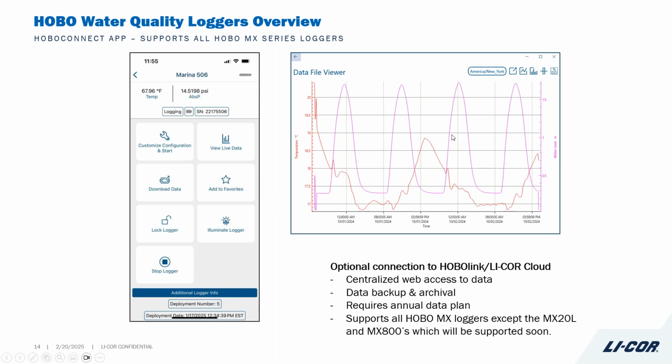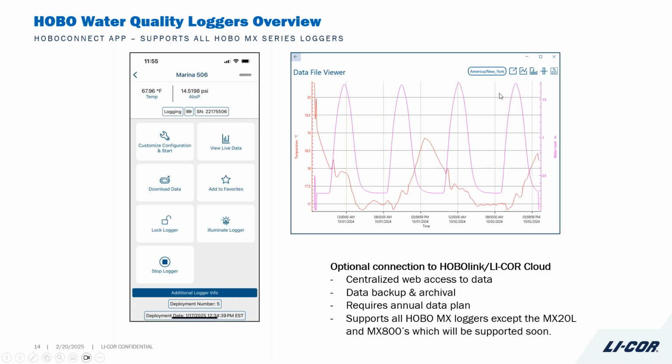There's different functions that are available depending upon how you've configured it. And you could also use the HOBO Connect to plot out the data, view the data. And up here, you see the little box with the arrow in it. That activates the sharing function. So you can share your data via email, text, Google Drive. There's a lot of different options for being able to share the data once you're on a platform like an iPhone, for example.